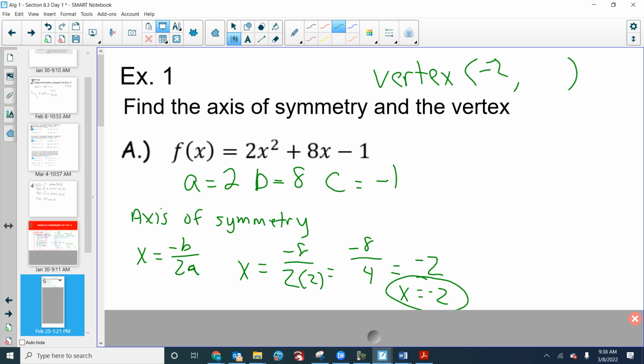What do you think, Zach? What did you do, 2 times negative 1? No. Good thought, though. Go ahead, Logan. Would you plug -2 in for x?